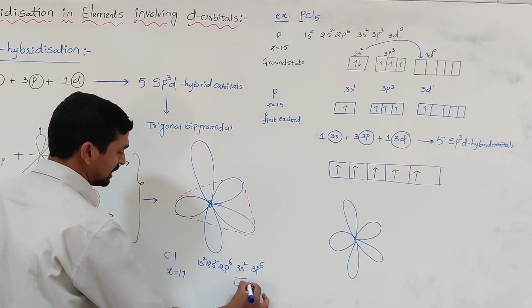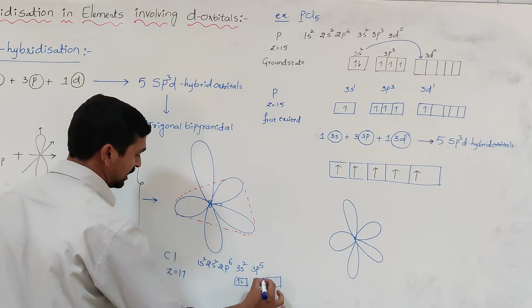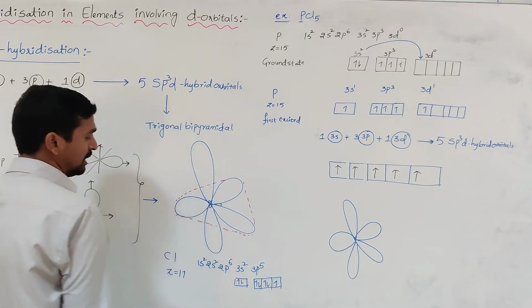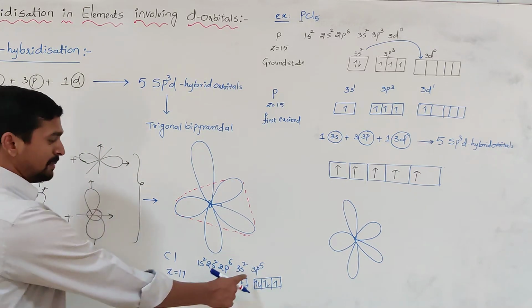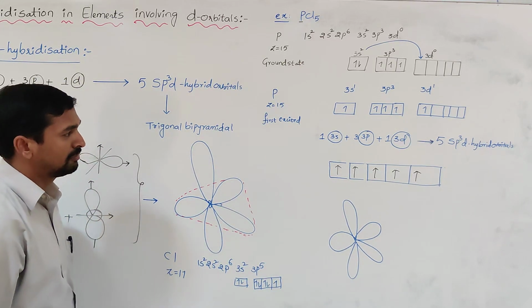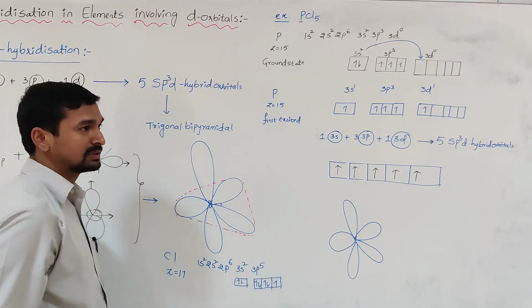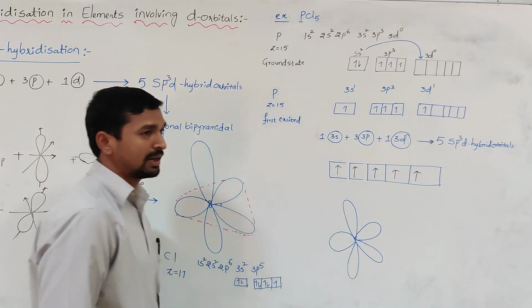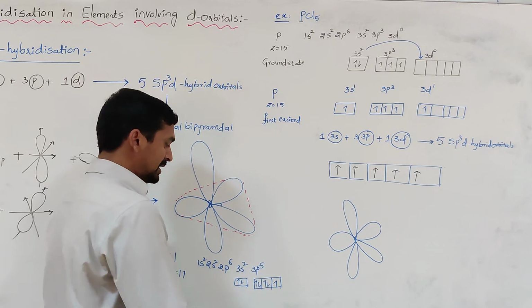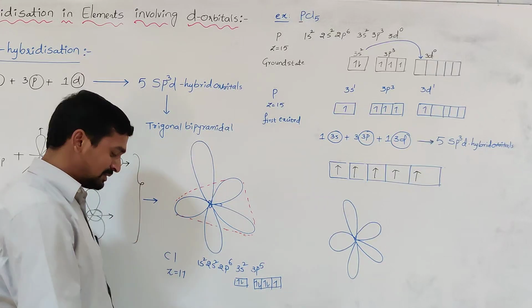When we see the valency shell electronic configuration, 3s2, 3p5, in the valency shell one of the p orbitals is half-filled. That half-filled 3p orbital overlaps with the sp3d hybrid orbitals of phosphorus. Here 5 chlorines are there, 5 3p orbitals, and 5 sp3d hybrid orbitals, so each sp3d hybrid orbital overlaps with a 3p orbital of chlorine to form 5 sigma bonds.